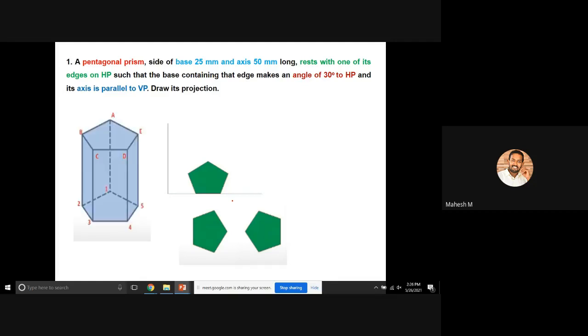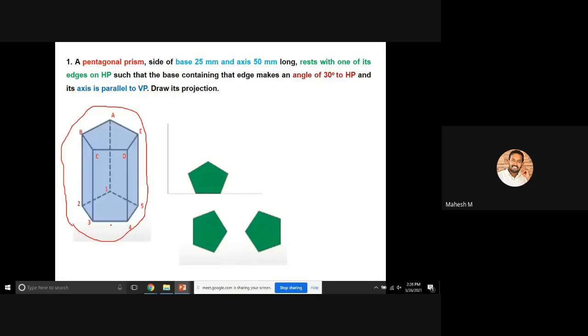Okay, so this is not our diagram, I'm just explaining this pentagonal prism. So this is our prism, pentagonal prism. So for a pentagonal prism, we have pentagonal planes. Okay, now is it clear?